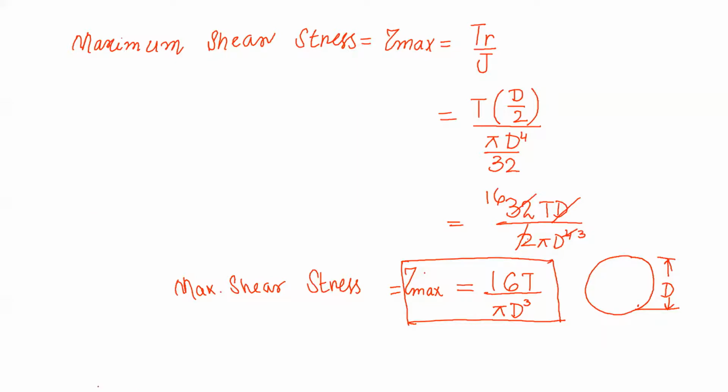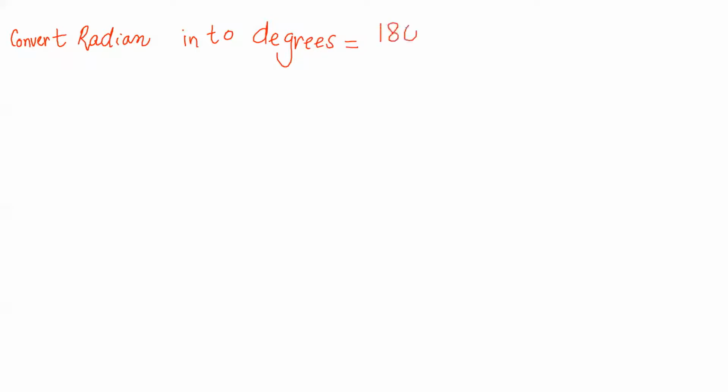One more thing I want to discuss over here, so let's move on to the next slide, is that if you want to convert radian into degrees, it will be 180 upon pi.